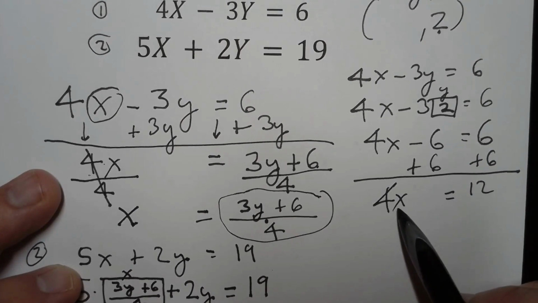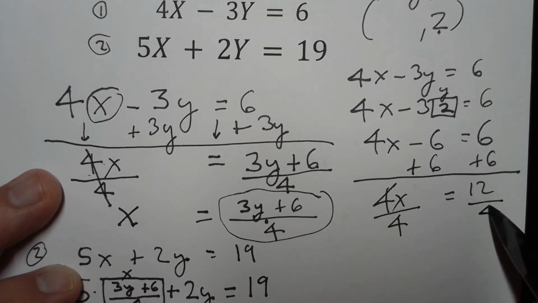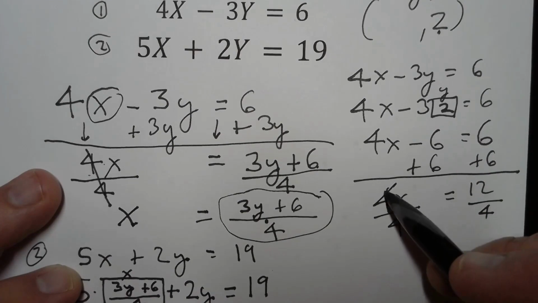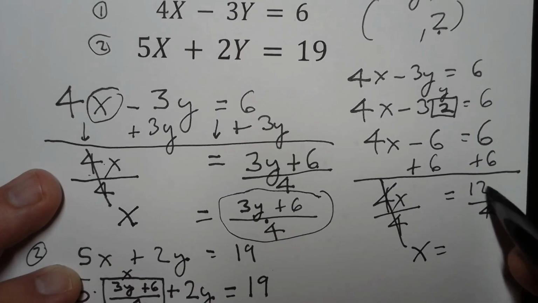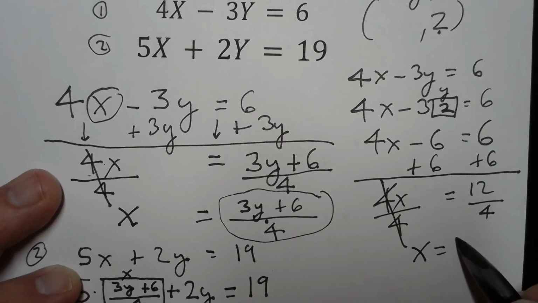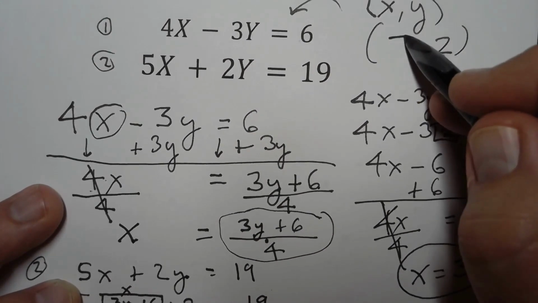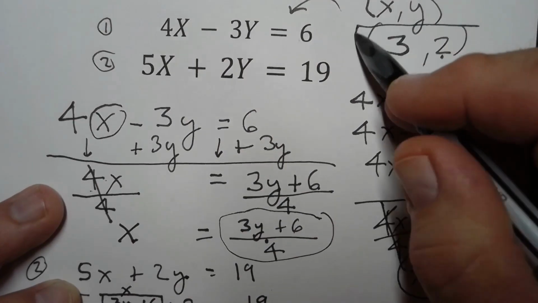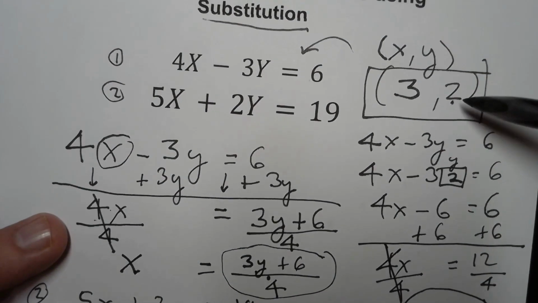The relationship is multiplication. I do the opposite. I divide. If I divide one side by 4, I divide the other side by 4. The 4 over 4 becomes a 1. So I'm left with x is equal to 12 divided by 4, which is 3. My x is 3.